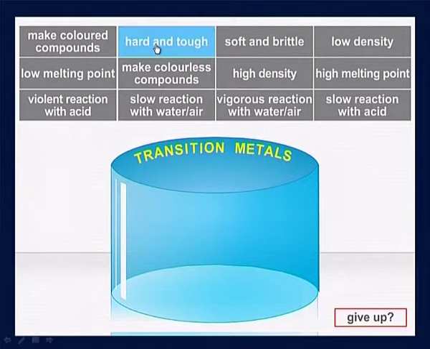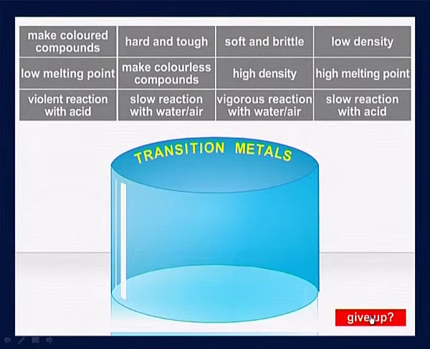For example, the first one is colored compound. Just now I said that transition elements do form colored compounds. Soft and brittle: this is of course not a property of a transition element, because transition elements are not soft, they are very hard, and they are not brittle. Out of these properties you have to select, drag and drop the property into this. If you do not know, let us find the answer.